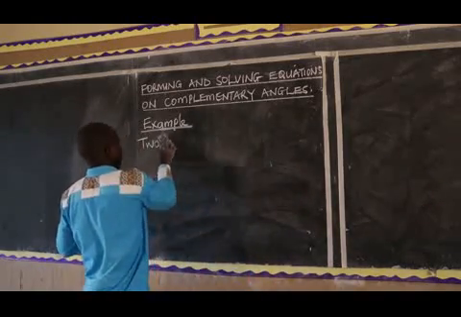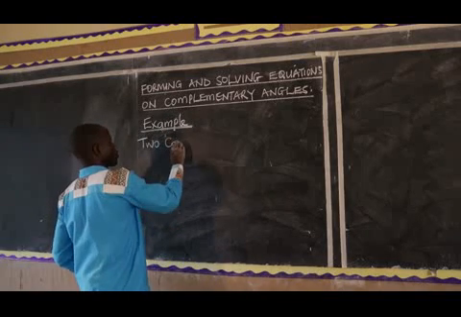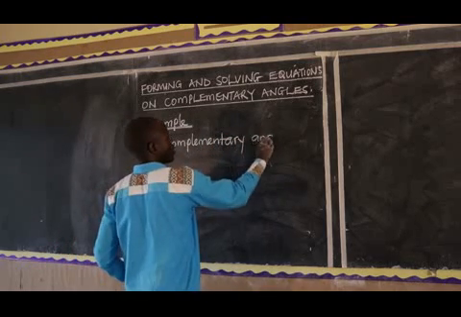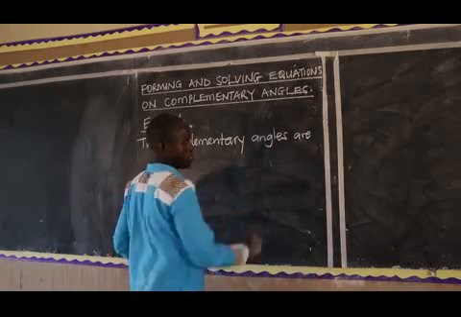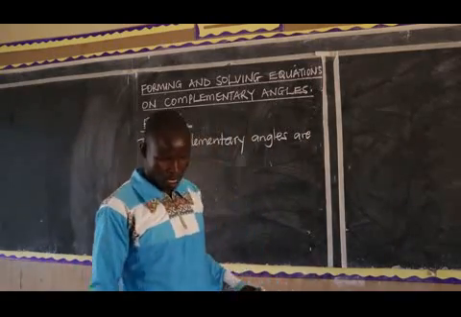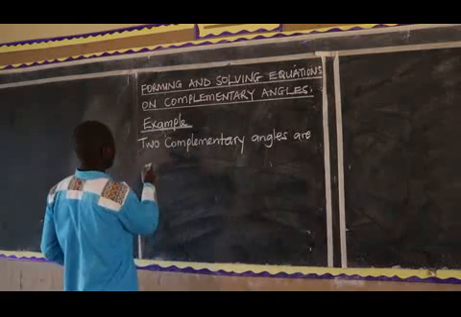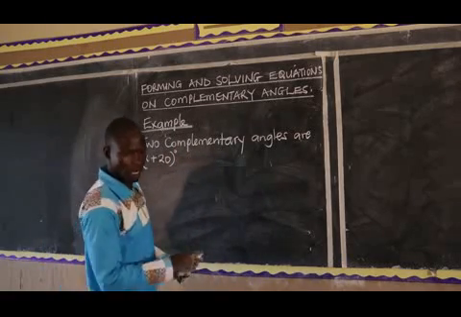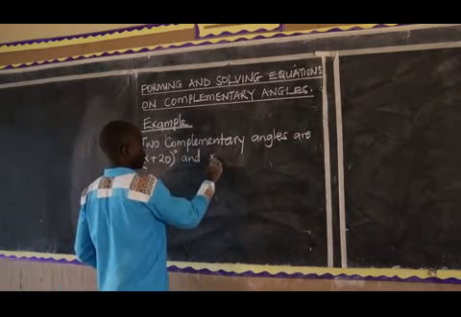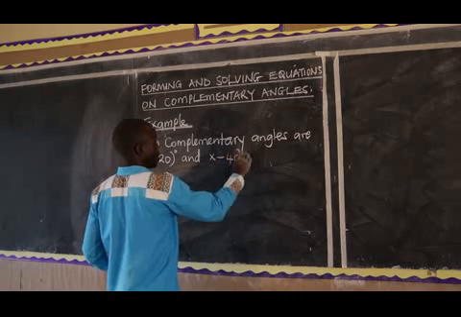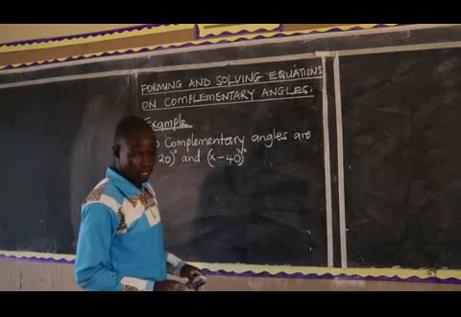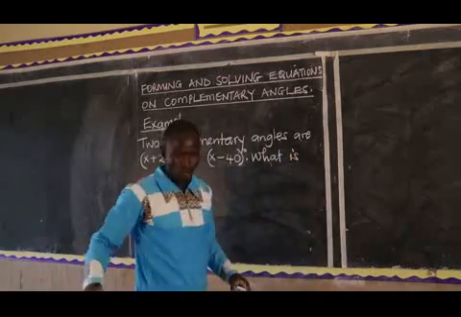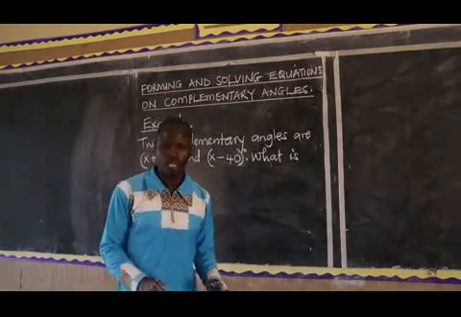Two complementary angles are x plus 20 degrees and x minus 40 degrees. What is the size of the largest angle?